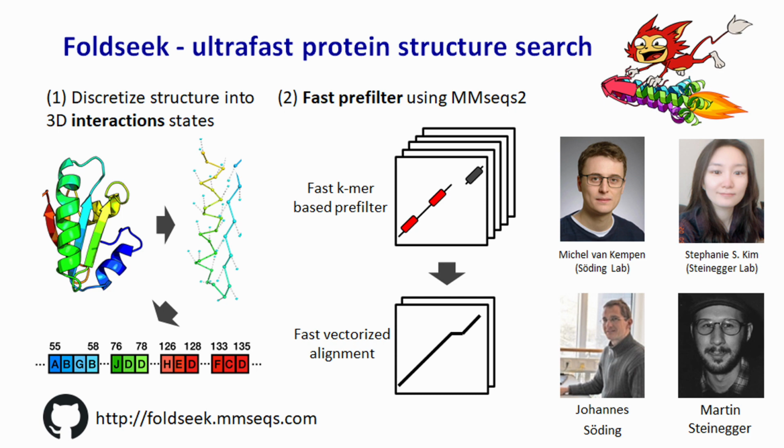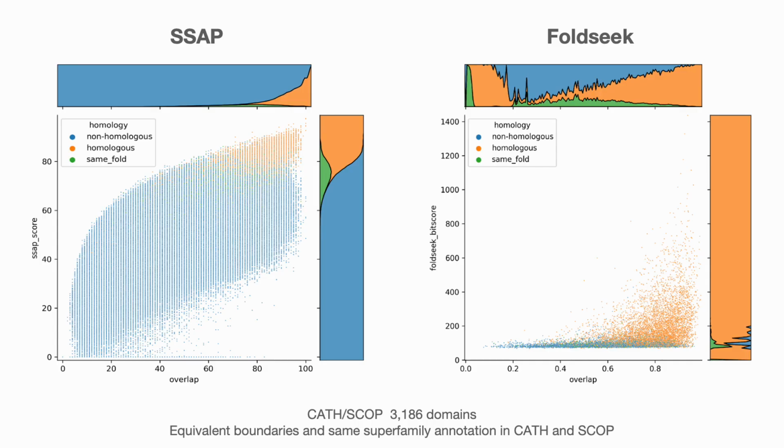In order to test this particular tool, we had to set up a sensible benchmark. So we took a dataset of 3,186 domains that we call the CATH-SCOP Golden Dataset, where we have equivalent boundaries and the same superfamily annotation, both in CATH and in SCOP.